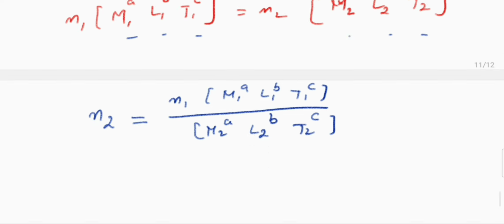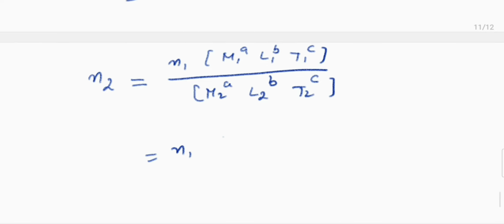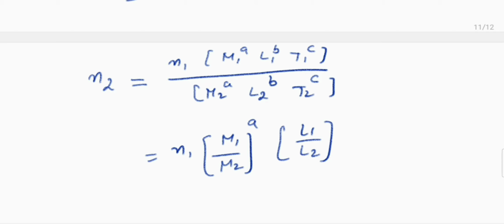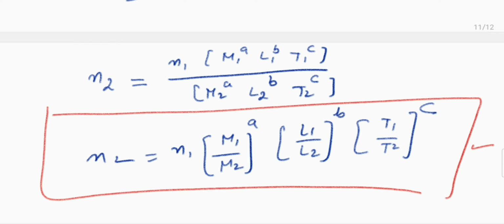So this we can write as n1 times m1 divided by m2 whole raised to power a, L1 divided by L2 whole raised to power b and T1 divided by T2 whole raised to power c. And this is the relation which we are going to use to find the value of a physical quantity in the second or new system when its value in the first system is known.